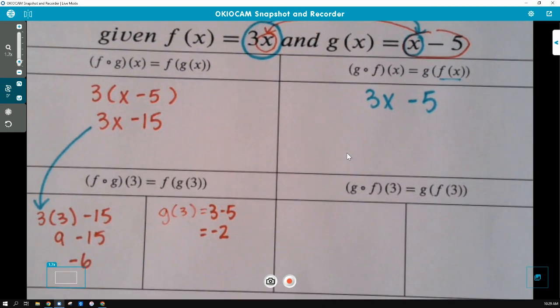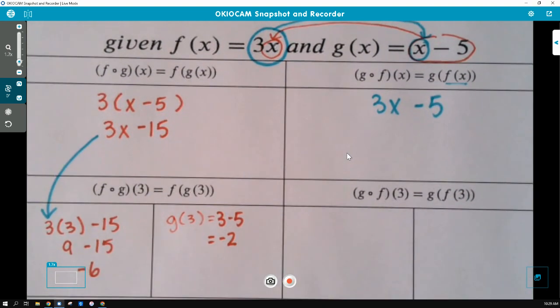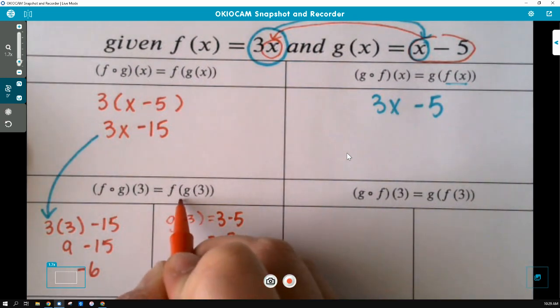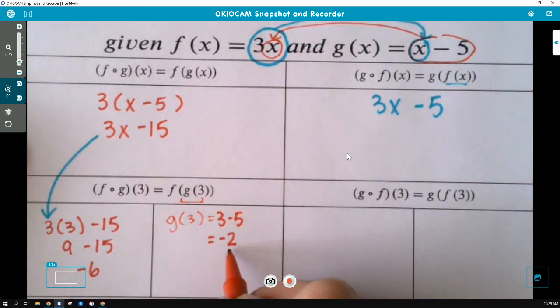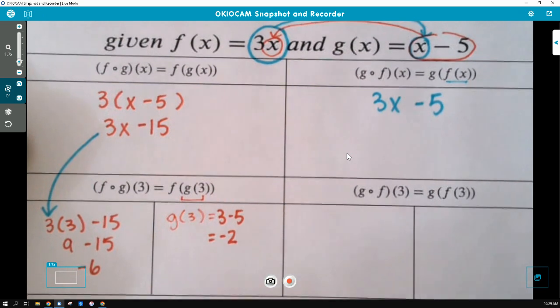And then I would now know that since g of 3, this entire g of 3 equals negative 2, I can just find f of negative 2.